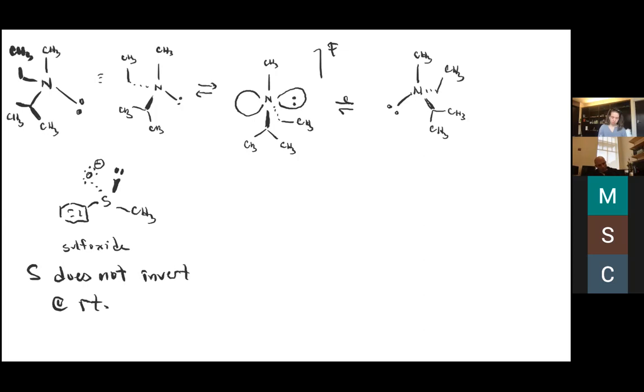The other one that's very common are what we call phosphines, which are the phosphorus analogs of nitrogen, just going down the periodic table. These also do not invert at room temperature. Therefore, they are configurationally stable and chiral, and you can have R and S enantiomers.